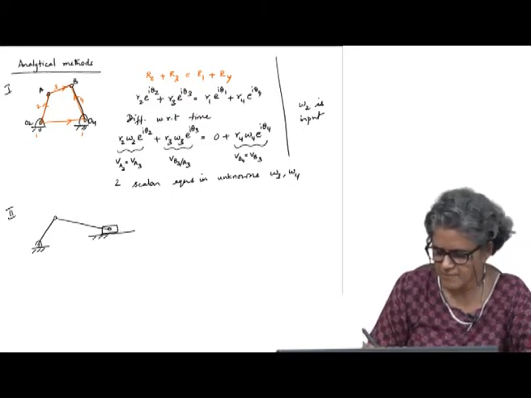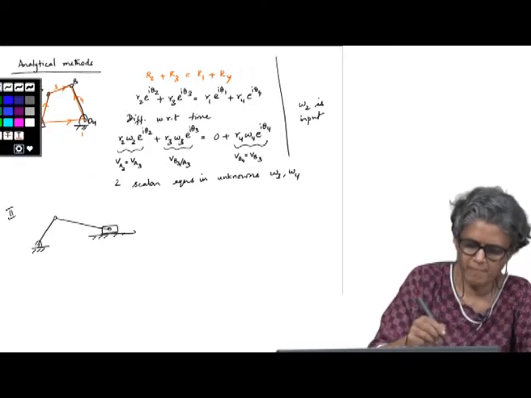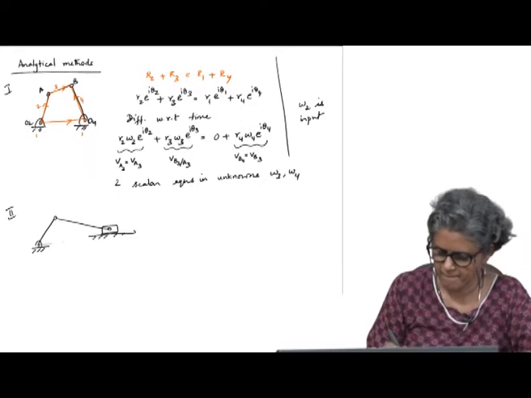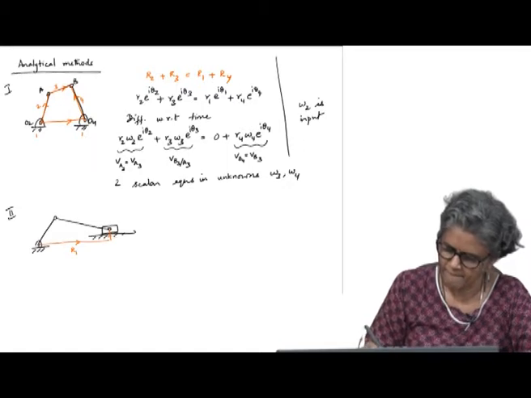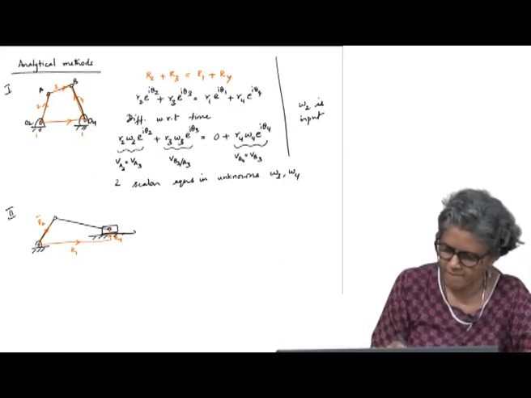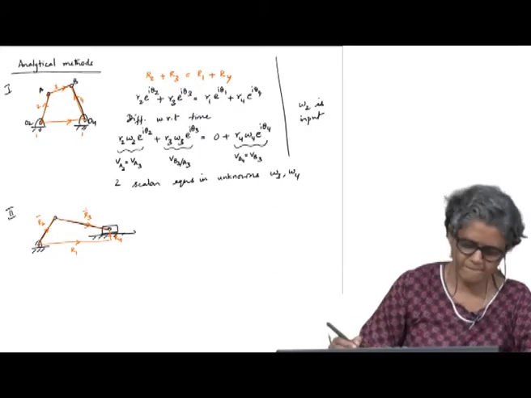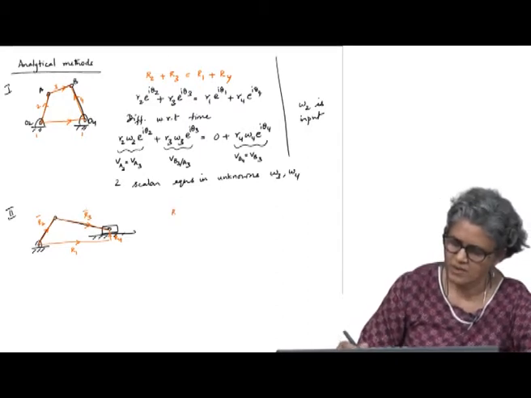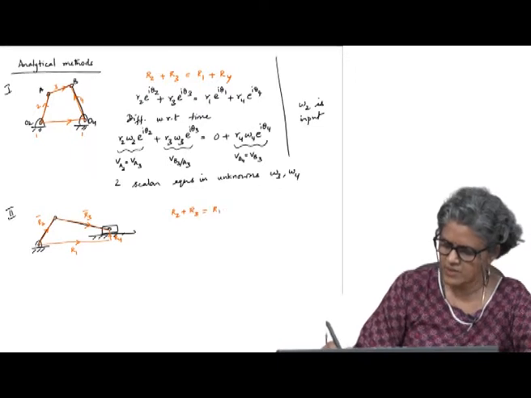Slider crank. So, I have R2 plus R3 equal to R1 plus R4.